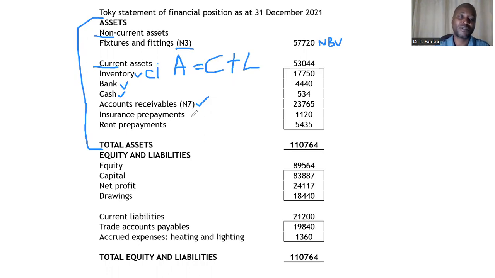So we are saying because we are matching expenses to the period in which they were incurred, we needed to remove these from the amounts that are given in the extract and make them our assets and move them to the asset section, which is current assets. So after that, we have our total here, which is total asset value. So the total assets there is 1,10764.